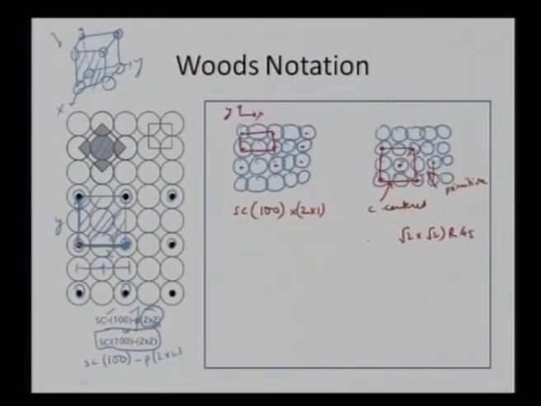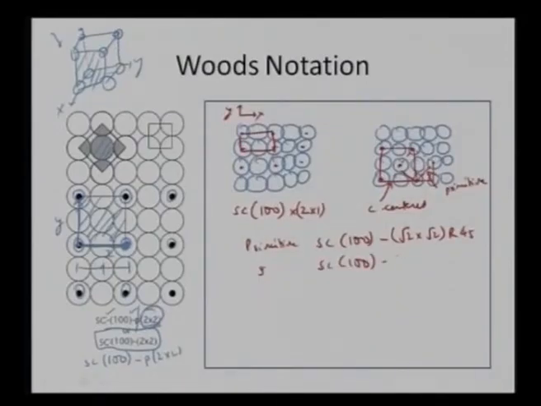Let me define it for the primitive: I take it as simple cubic sitting on the 100 surface. Now it is root 2 by root 2 because I am traversing root 2 on the x side and root 2 on the y side to reach the second adsorbate species. Or I can also define it as a non-primitive simple cubic 100 substrate surface.